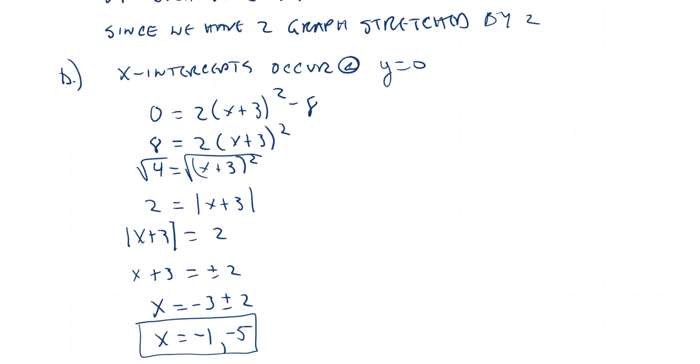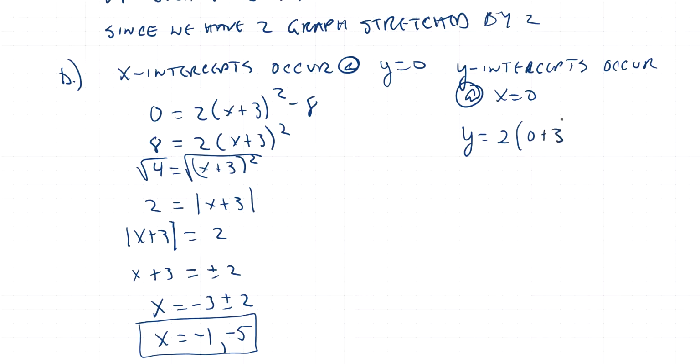And now to get the y-intercept, we know that the y-intercept occurs at x equals 0. So then we can say y equals 2 times 0 plus 3 squared minus 8.